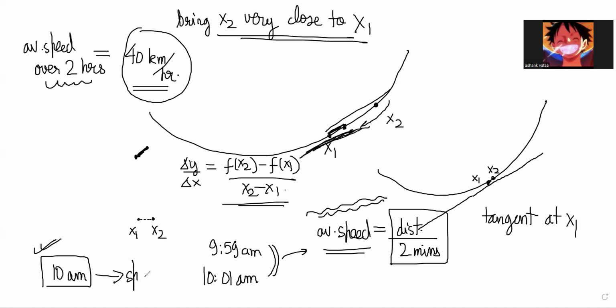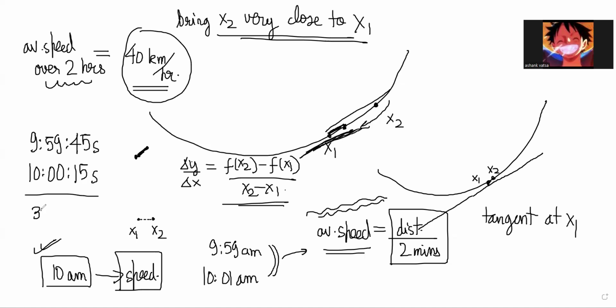Now suppose, actually technically it is still not instantaneous speed, it is an average over 2 minutes, right? Now you do more. You say 9:59 and 45 seconds to 10:00 and 15 seconds. Now it's over this 30-second interval, right?